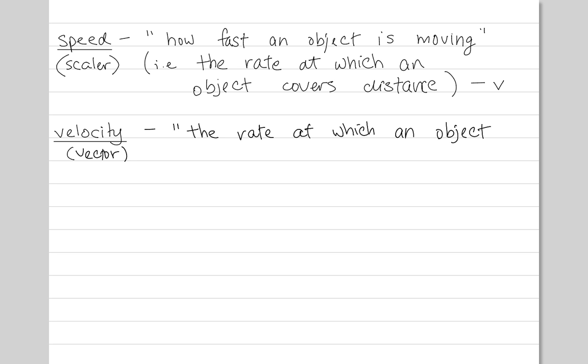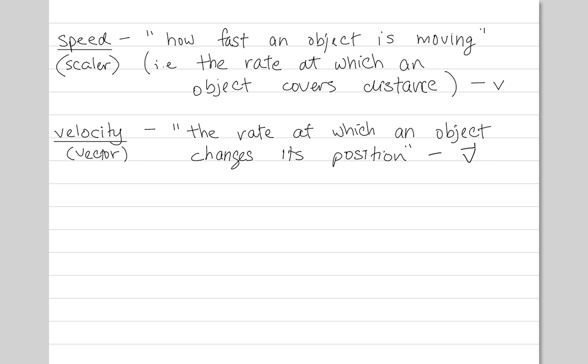Not distance, not ground covered, but direction. And what's a better word for direction? We used it with displacement. Position. Okay, so the rate at which an object changes its position. And the symbol is going to be v with the little arrow on top.